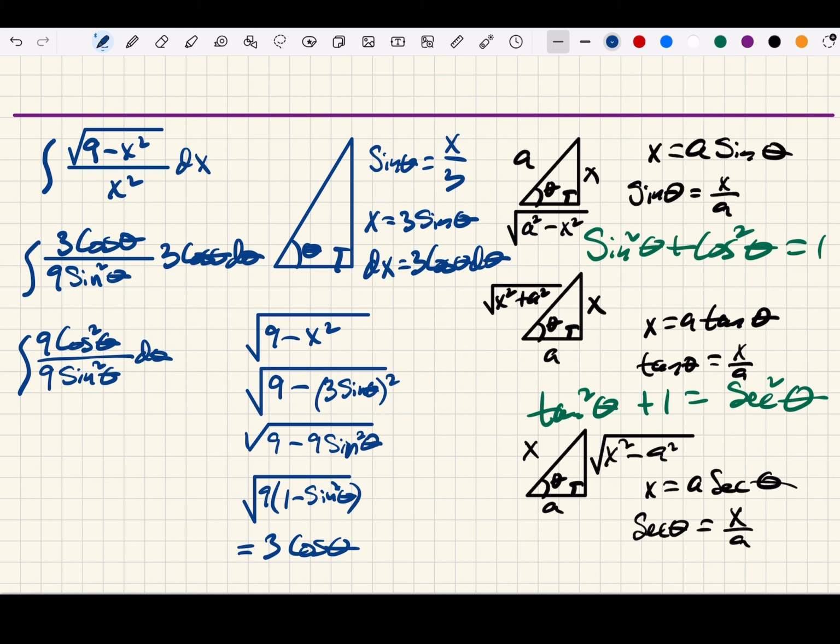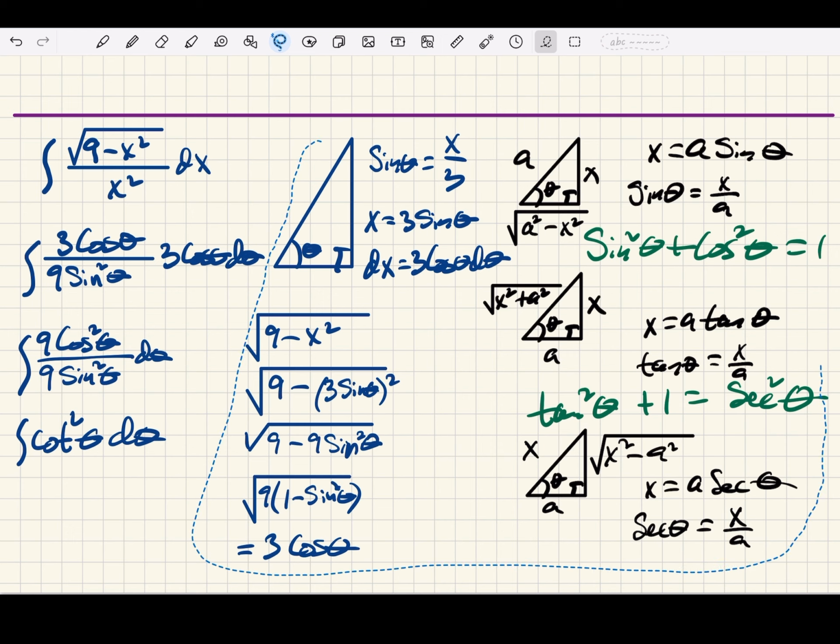Actually, we just have cotangent squared, right? The 9's cancel. So we have the integral of cotangent squared theta d theta. So I got to figure out now how that integrates. I'm going to reduce all this here.